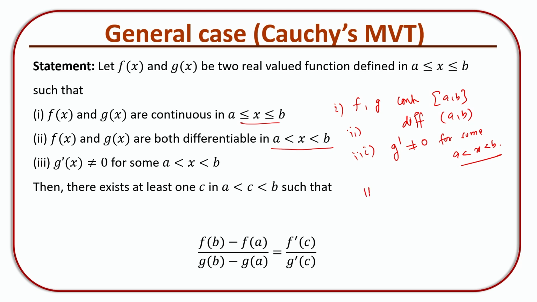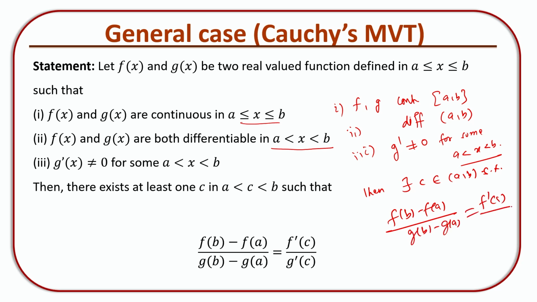Then there exists a point c lying between a and b such that (f(b) minus f(a)) divided by (g(b) minus g(a)) is equal to f dash of c divided by g dash of c.